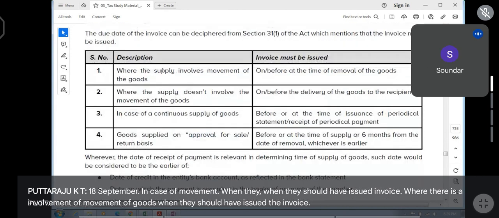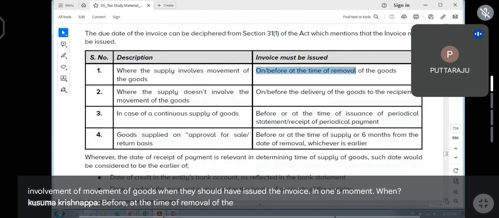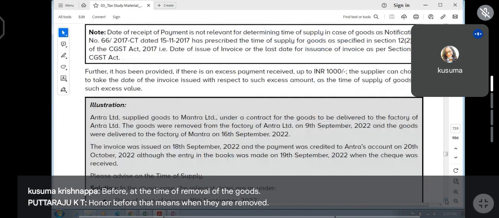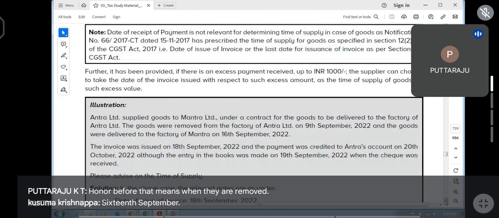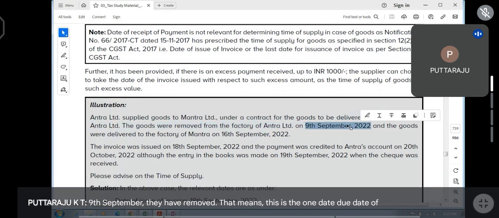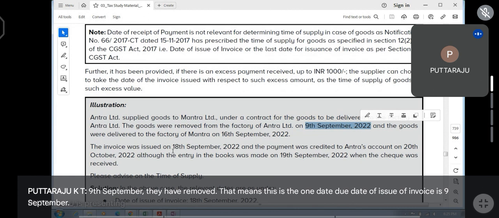On or before the time of removal of the goods. They removed the goods on 9th September, so the due date of issue of invoice is 9th September. The actual date of issue of invoice is 18th September.